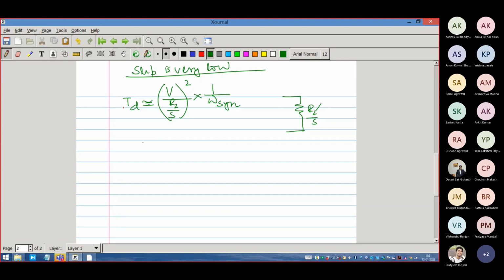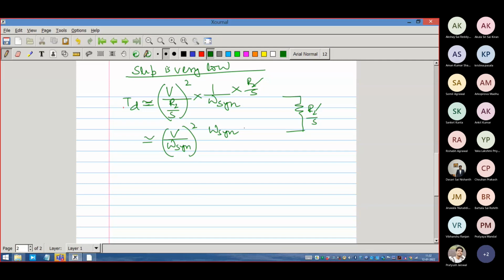So what I do is I adjust it in a different way. V by omega sync square I write, and in the numerator I put omega sync. Sorry, this is I square into R2 dash by S power. This is I square R2 dash is the power, divided by omega sync is the torque.